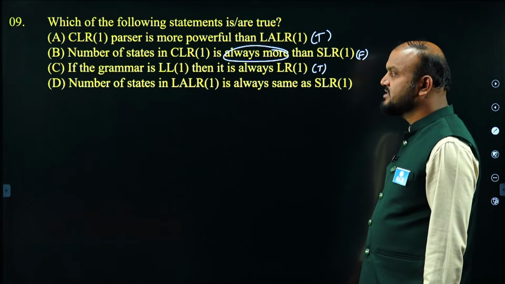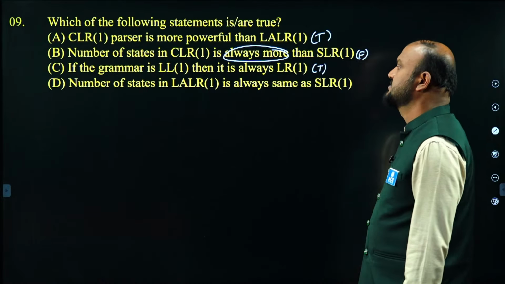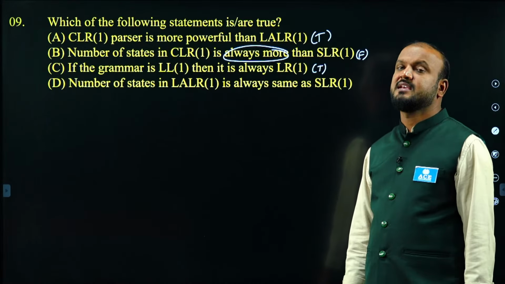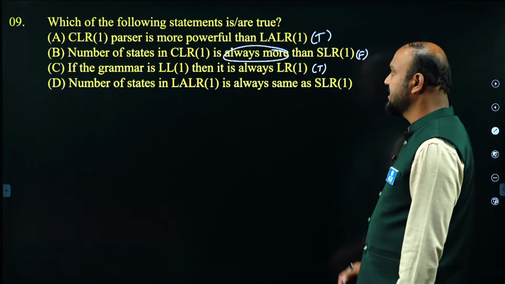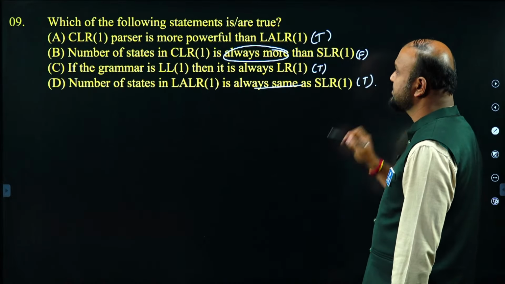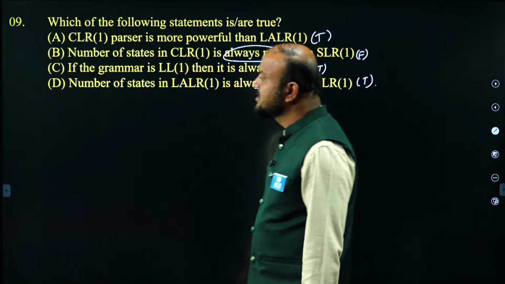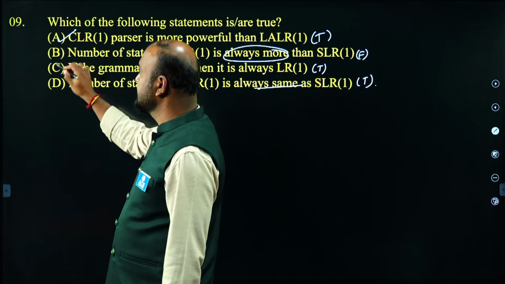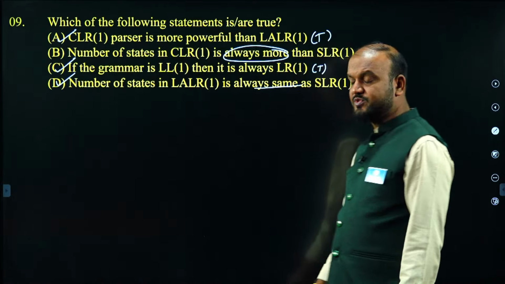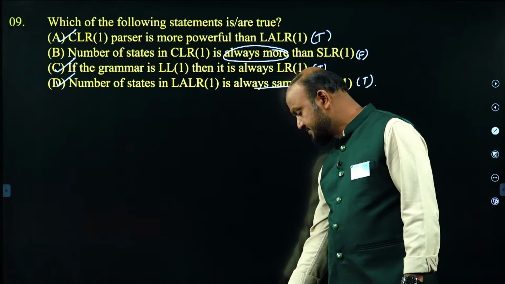And the number of states in LALR of 1 is always the same as SLR of 1. We know that the number of states in SLR of 1 and LALR of 1 are always the same, so it is also a true statement. The question is about true statements, so the answer is A, C and D.